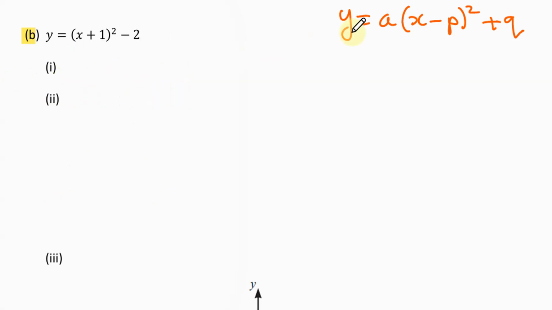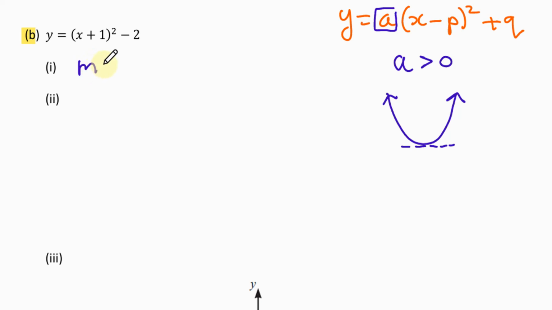Now, we look at the value of a. a is 1 here. So there's a 1 in front of the brackets that we don't write. So positive 1. In other words, a is greater than 0 or positive. And the graph will smile like a positive person. And we'll have a minimum value. So the answer to number 1 here is that the graph has a minimum value.